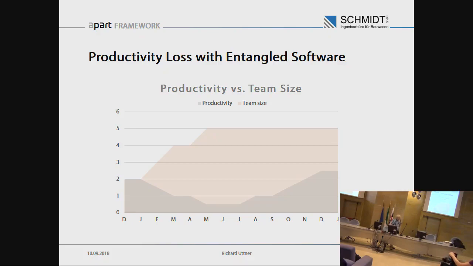And at some time the management decided, well, we want more, we need a bigger team. But the software style was mainly dependent on those 2 guys. So if you now start to increase the team size, like I have shown here, to 4 or 5 people, you will for a certain time be very low in your productivity.